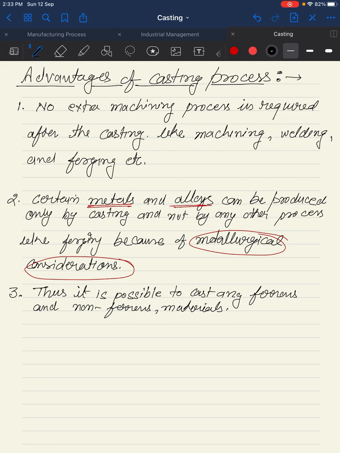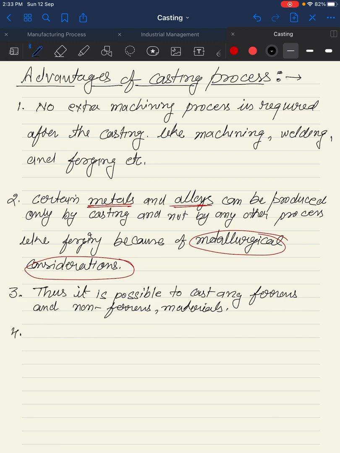It will not produce that product or those properties, or you cannot mold it to the required shape or size. But with the help of the casting process you can easily manufacture a product made of metal, ferrous or non-ferrous material.